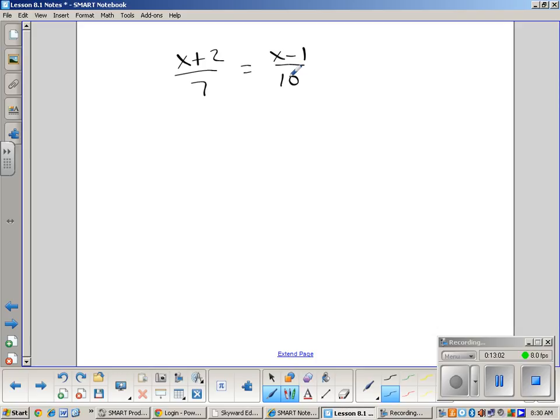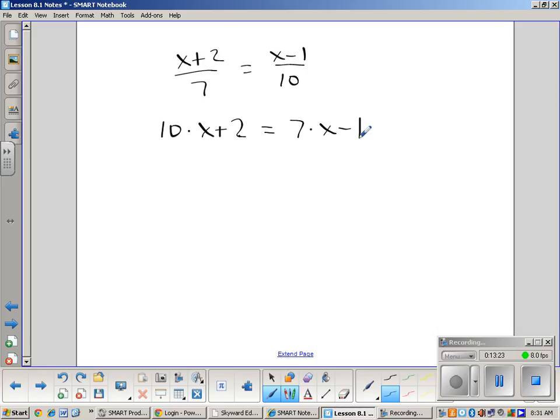Many of you will do this: 10 times x plus 2 is equal to 7 times x minus 1. Is that correct? No. Is what I said correct? Yeah. But did I write it correctly? No. What did I do wrong?